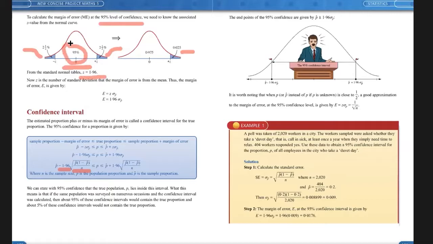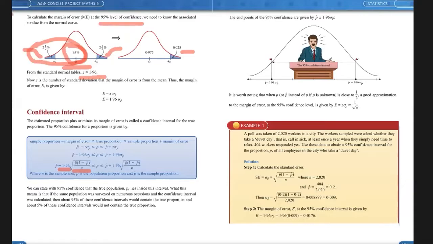So if you look within the body of the normal distribution tables, at a Z-score of 1.96, what you'll actually find is 97.5, because of how the tables are represented.